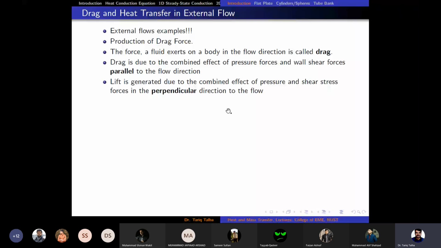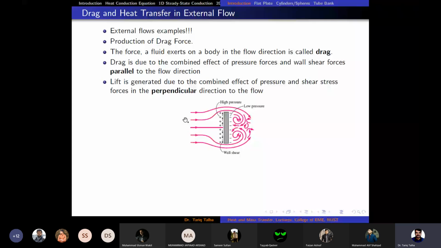And then we discussed what pressure drag is. For that we took a bluff body in which the flow is coming in, and we know that there would be a stagnation point, and then the streamlines would diverge like this to accommodate the presence of this body.